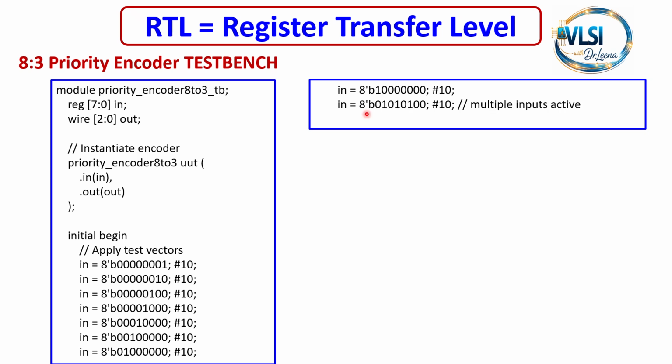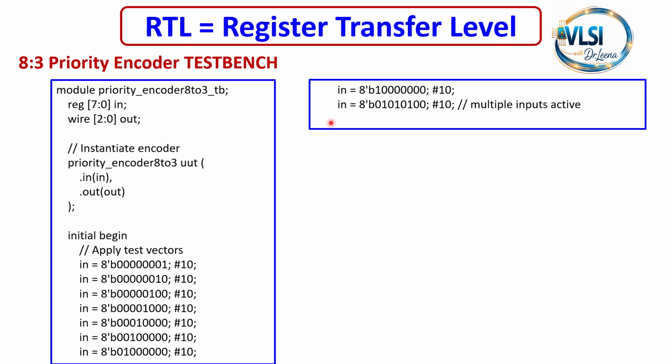And look at this. The next condition is different. So far only one input was high, but here multiple inputs are active. That is IN equal to 8-bit binary 01010100. We are giving three input conditions active, that is IN6, IN4 and IN2.